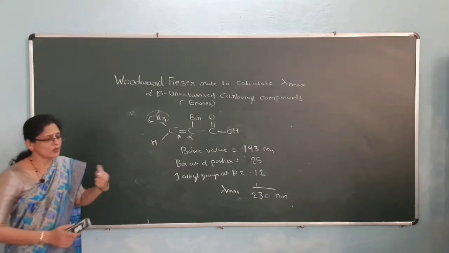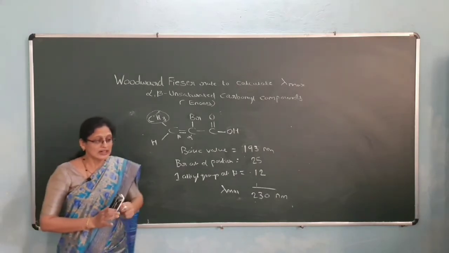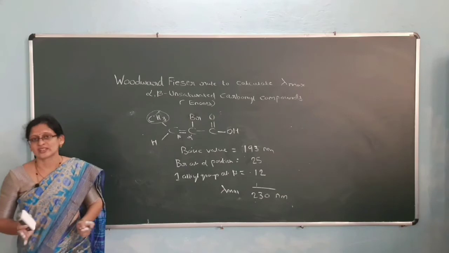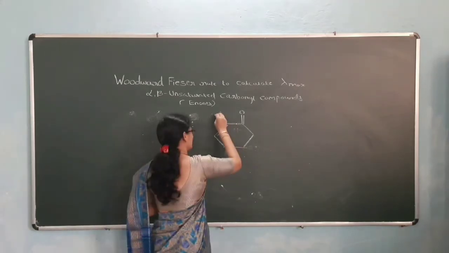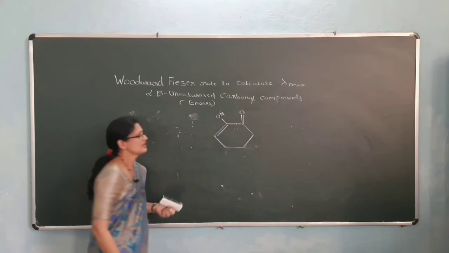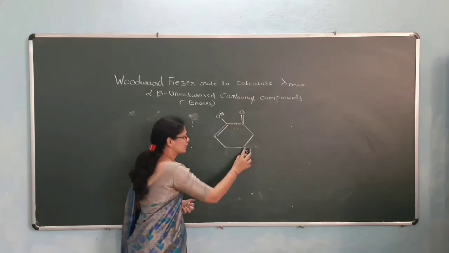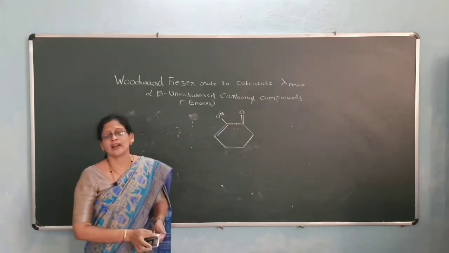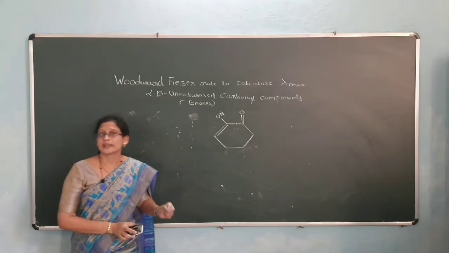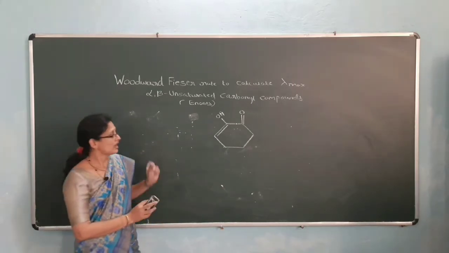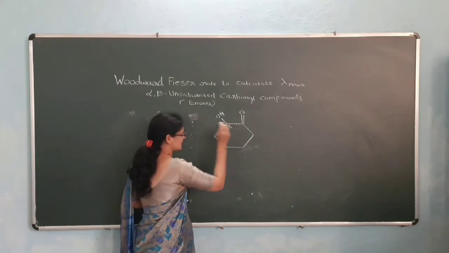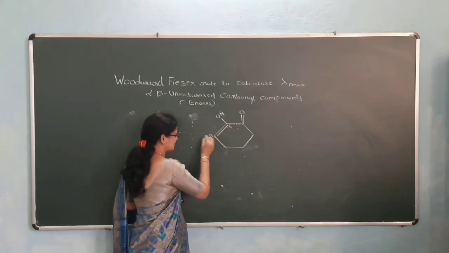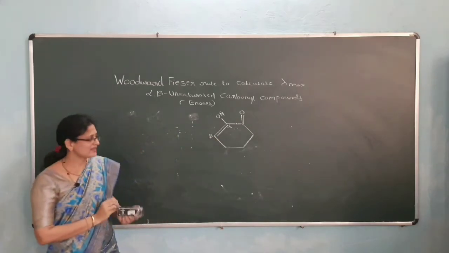Okay, so we learnt about the acyclic, everything is open chain structure. We will move to some ring structure. Now this is a 6-membered ring ketone. It is an alpha beta unsaturated ketone, but it is 6-membered. This is the alpha position and this is the beta position. So what is the basic value here?